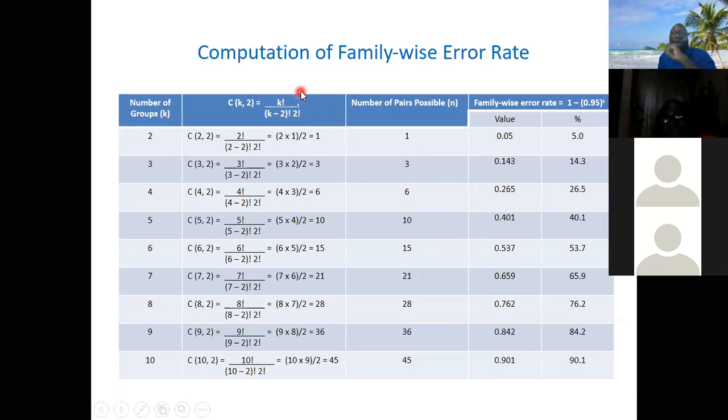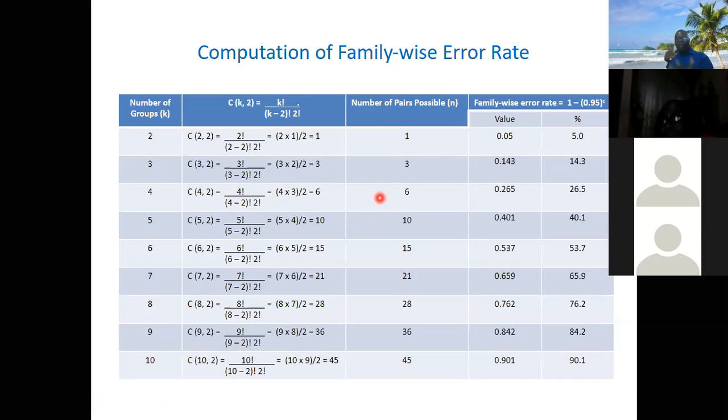So K factorial over K minus 2 factorial times 2 factorial. If you do it for 2, of course it will be 1. It's only one way you can pair 2 things. If there are 3 groups, you can pair them 3 ways, as I've explained. If there are 4, you can pair them 6 ways.